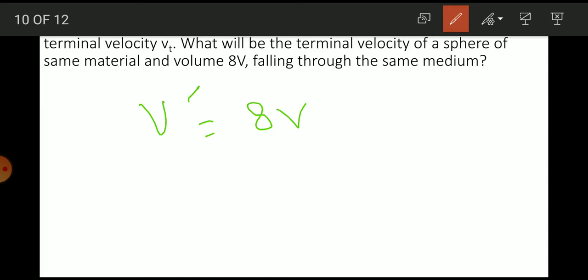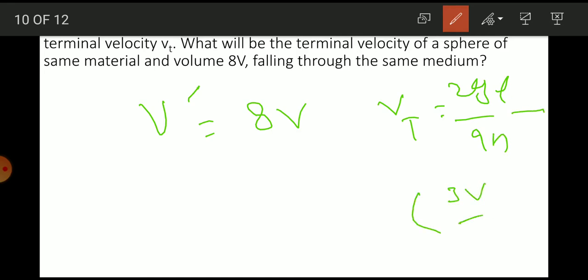As we know, I am writing the equation again and again. We have calculated the terminal velocity before. That terminal velocity, I am writing the relation again: 2g rho divided by 9 eta, and after this we have written 3V divided by 4 pi, whole power 2 by 3.